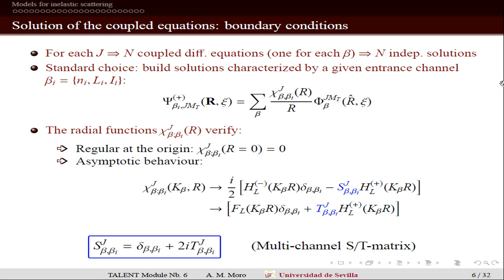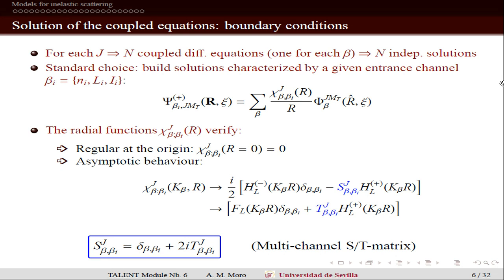And this number is what we called the multi-channel S matrix. And it is an n times n matrix, because we have all possible combinations of initial and final channels, beta. Okay?